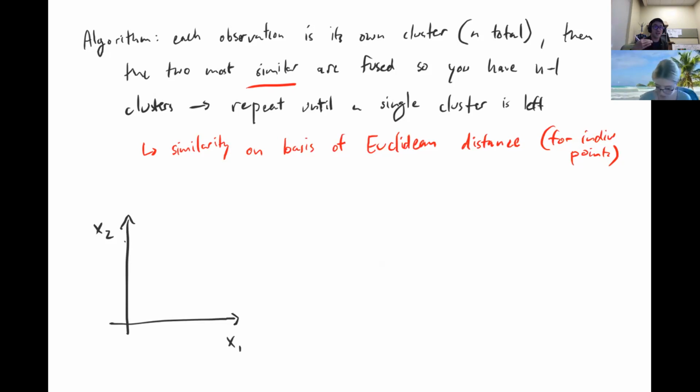We're just looking at how different variables relate to one another. So if I have a point here, and a point here, and a point here, and here, I can figure out the pairwise distances here.